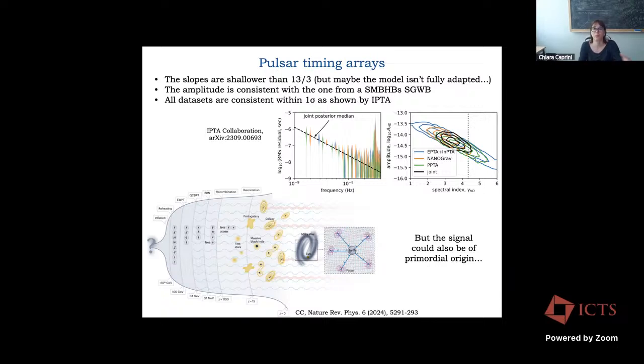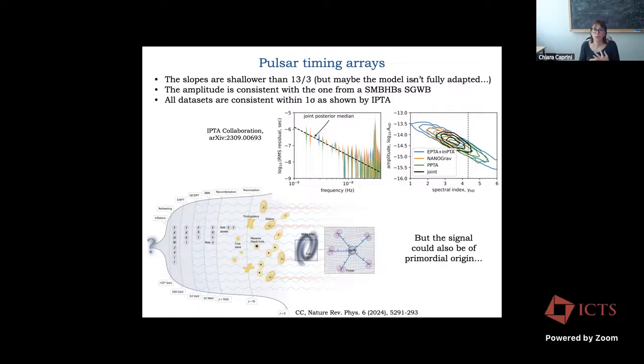One maybe should take into account these eccentric binaries, strong interaction with the environment, etc. In any case, both the amplitude and the slope are broadly consistent with those from a supermassive black hole binary gravitational wave spectrum. Okay, and all data sets are consistent within 1 sigma.